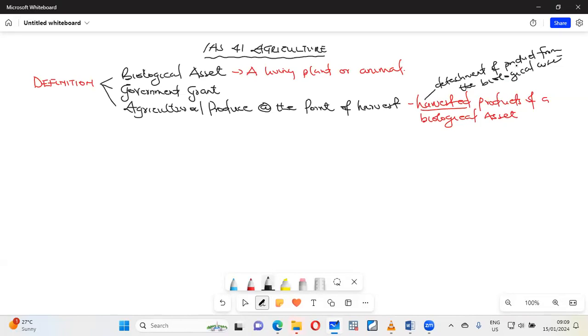For example, let me use this example. If you have a farmer, and that farmer buys a dairy calf. I hope you know a calf. A calf is a young cow. So if he buys a calf, then that calf is a biological asset at this point.